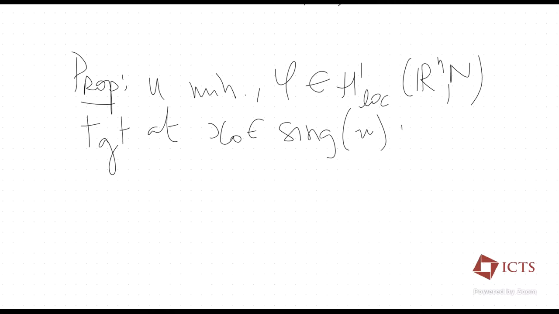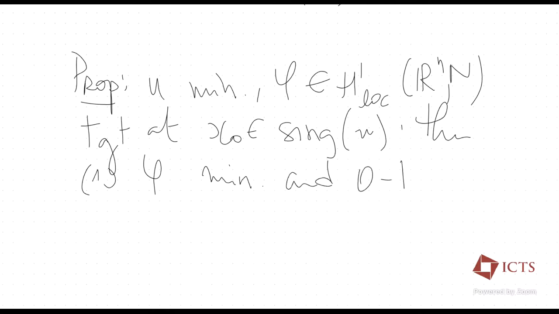First, the tangent map is a minimizer, as I said already, and it's zero homogeneous. The zero homogeneity follows from the monotonicity formula, and the minimality follows from compactness of minimizers.